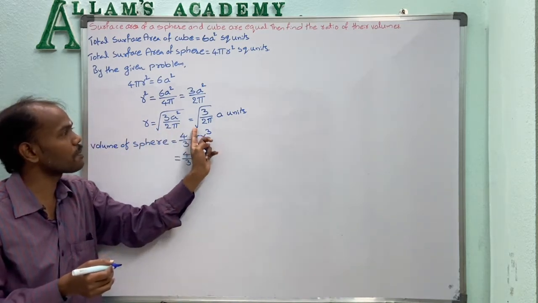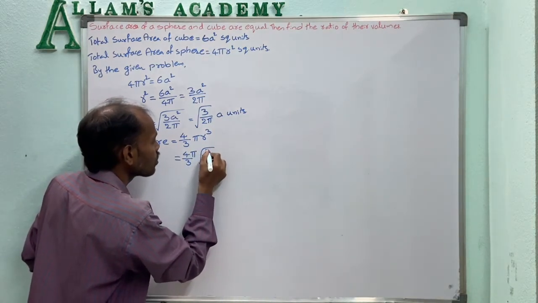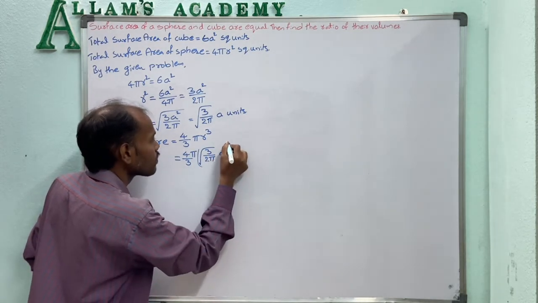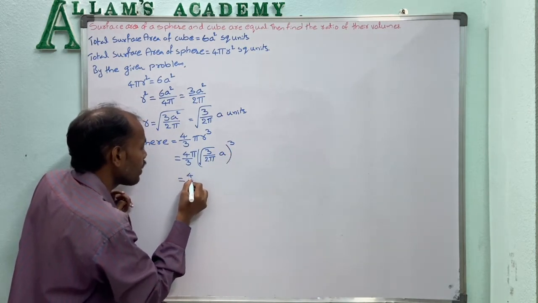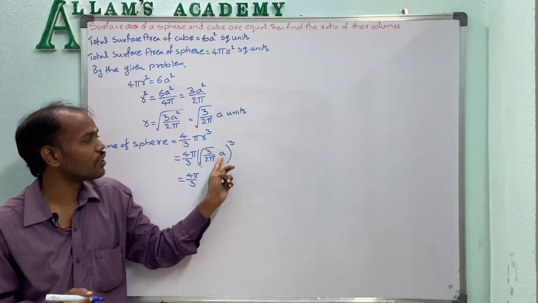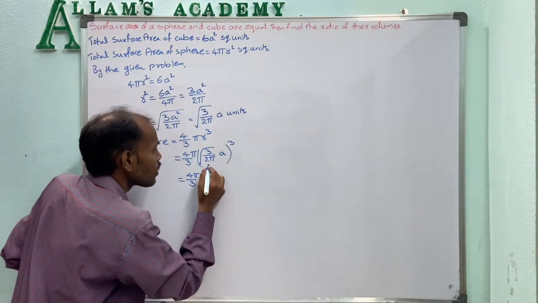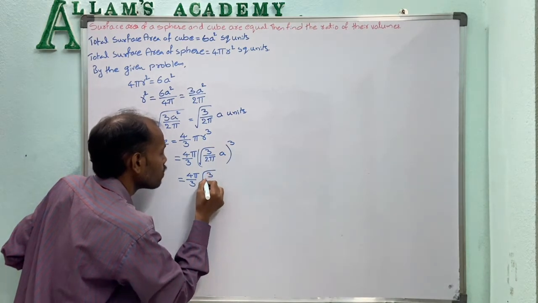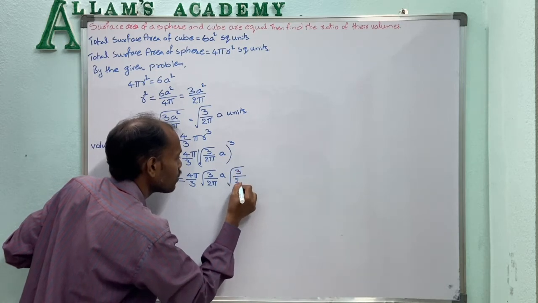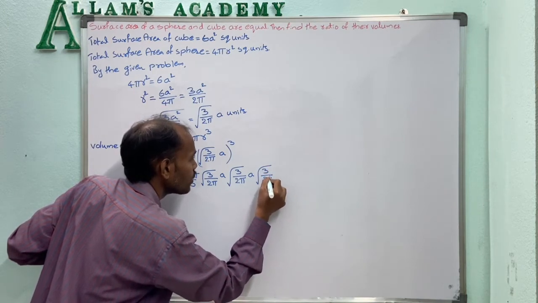The radius of the sphere is root 3 by 2 pi into a, so it is 4 by 3 pi into (root 3 by 2 pi into a) whole cube, that means root 3 by 2 pi into a, multiplied 3 times: root 3 by 2 pi into a into root 3 by 2 pi into a into root 3 by 2 pi into a.